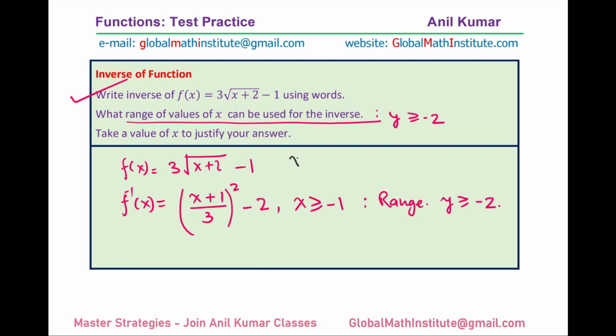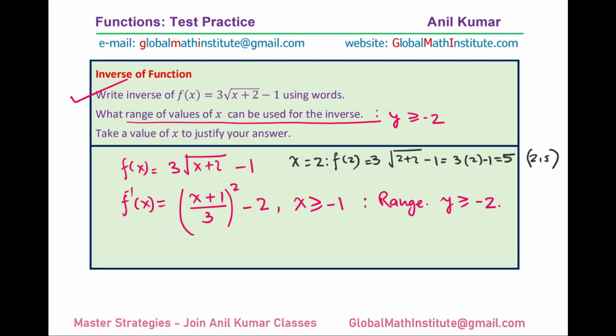So if I use x equals 2, then what is f of 2? f of 2 will be 3 times square root of 2 plus 2, minus 1, which is 3 times, 2 plus 2 is 4, square root is 2, minus 1, which is 6 minus 1 as 5. So we have the coordinate point 2, 5, correct?